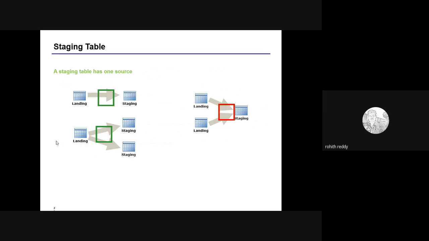If you observe this slide, in the green color boxes there are some mappings, and in the red color box there are some mappings. Just assume that. Here, one landing table can be configured to one staging table. One landing table can also be configured to multiple staging tables. This will be allowed.